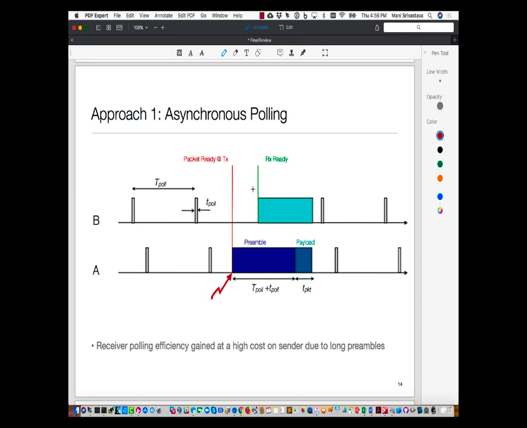Assuming the whole network is designed to perform at a period, this means the preamble should be a period plus whatever the minimal preamble needed is. B will wake up somewhere during this period. In this case, it woke up in the middle, and it will stay up until the payload arrives.